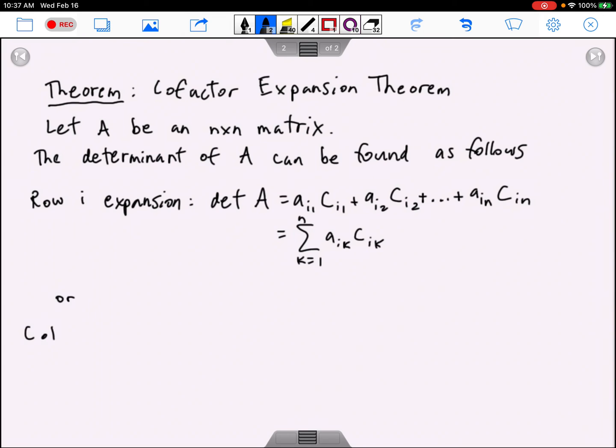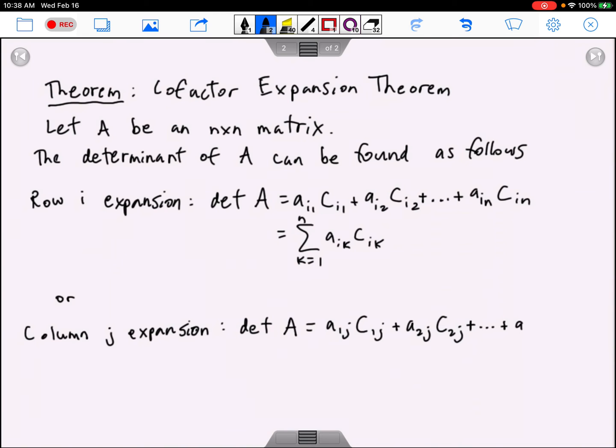Or we have column j expansion. The determinant of A is equal to, so now we're going to do the same thing except we're going to fix a column. So A1j C1j plus A2j C2j plus all the way to Anj Cnj.